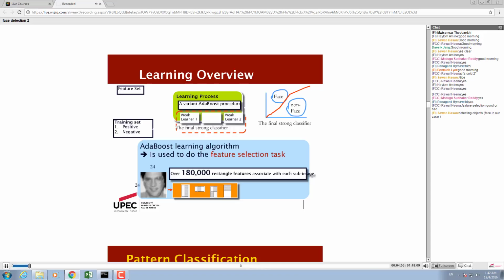In other words, every feature corresponds to one weak classifier. So finally, if we select good features, it means we are generating weak classifiers.